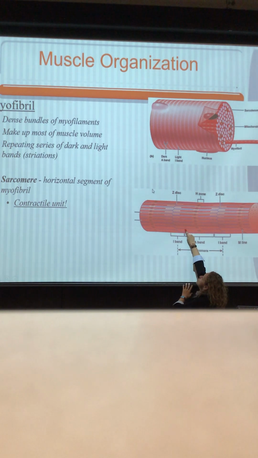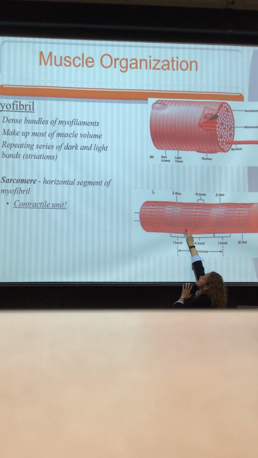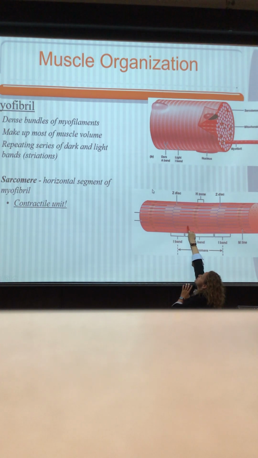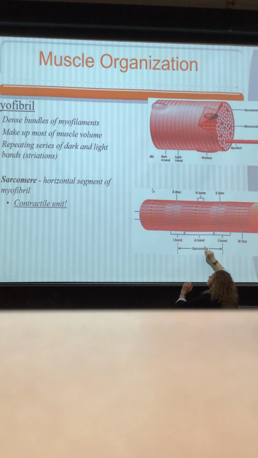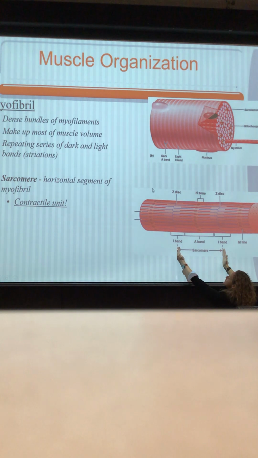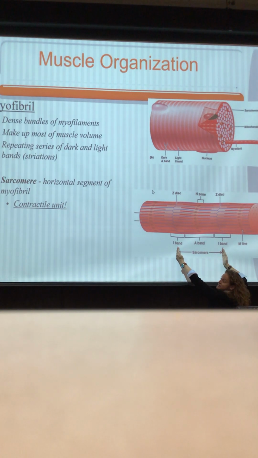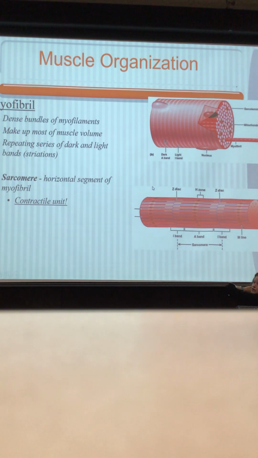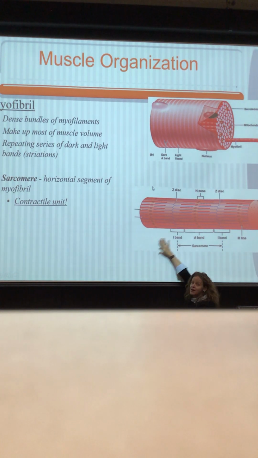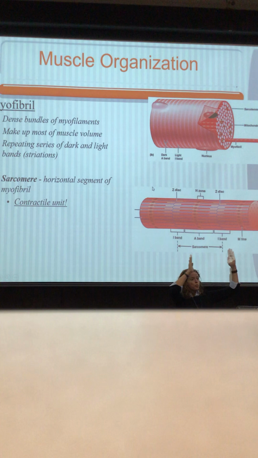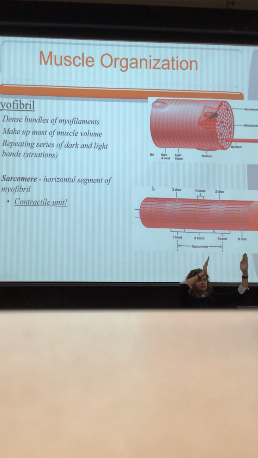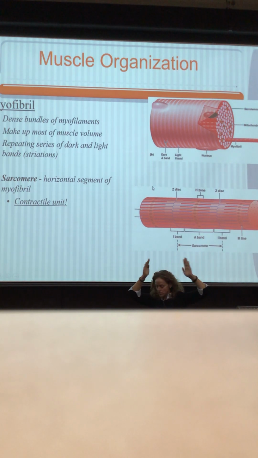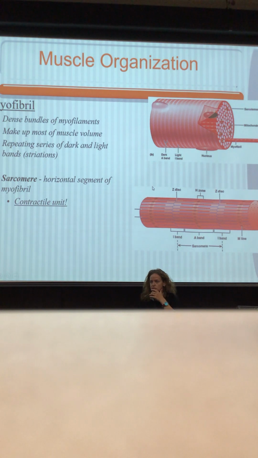The blue are the actin, the red are the myosin. Isn't it alternating? So we have one unit of actin and myosin next to another, next to another. So the myofibril ends up being one little unit, one sarcomere, next to another, next to another.